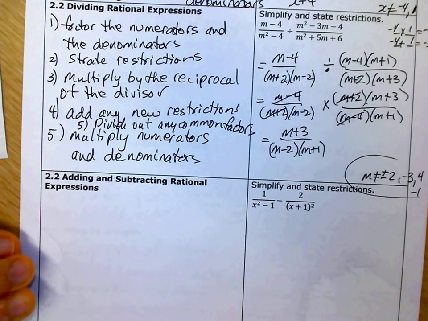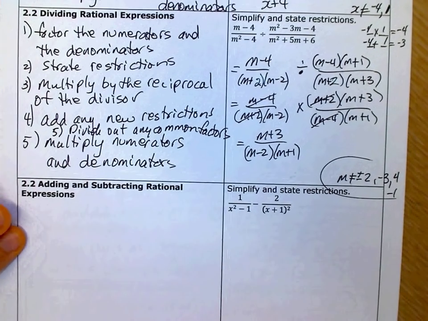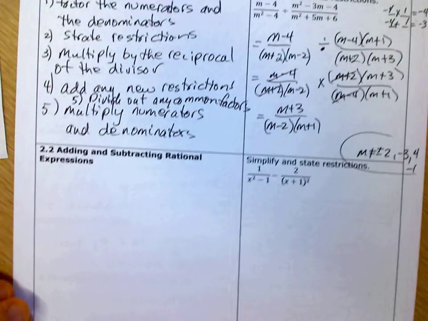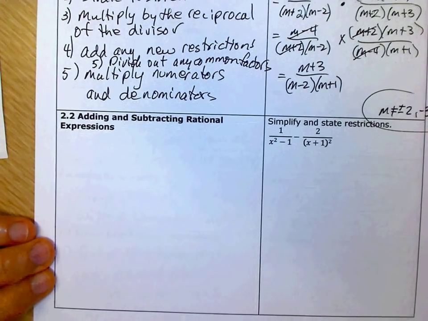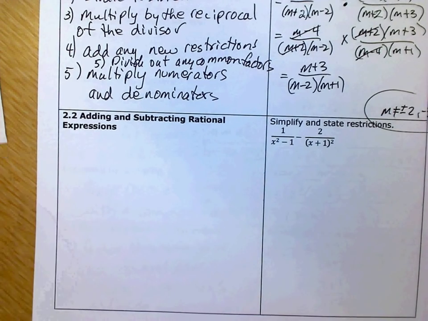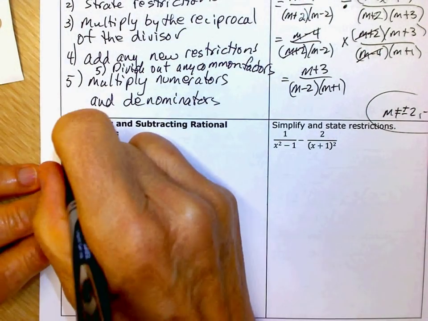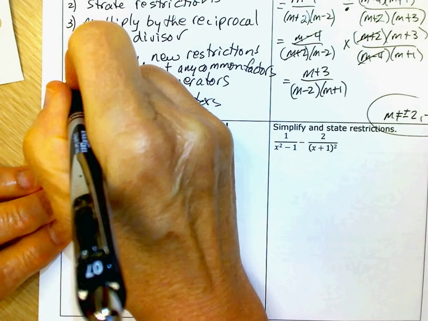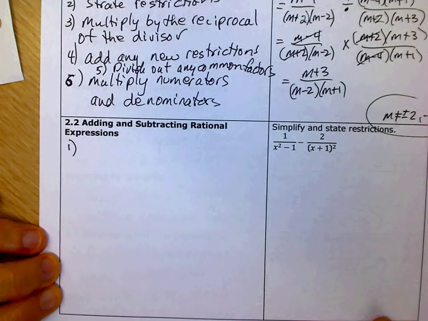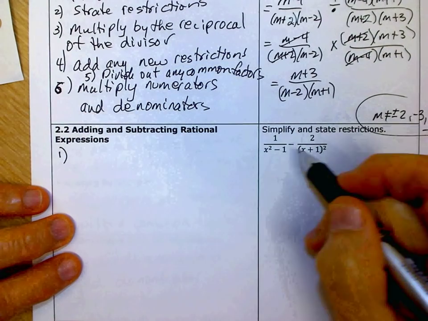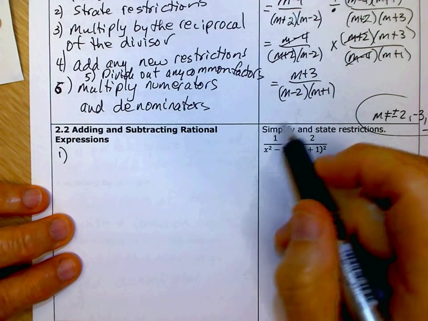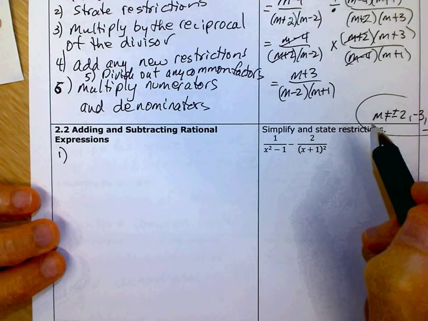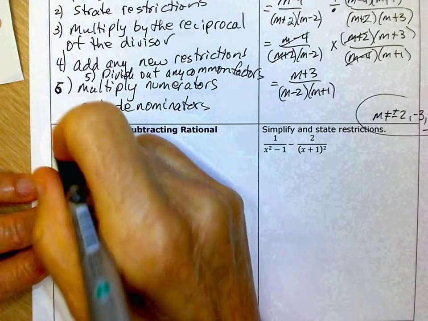All right, last one, adding and subtracting rational expressions. Let's see. So this was number 5. That should have been step number 6. Number 1, as always, if you want to add or simplify any rational expressions, we have to factor numerators and denominators.